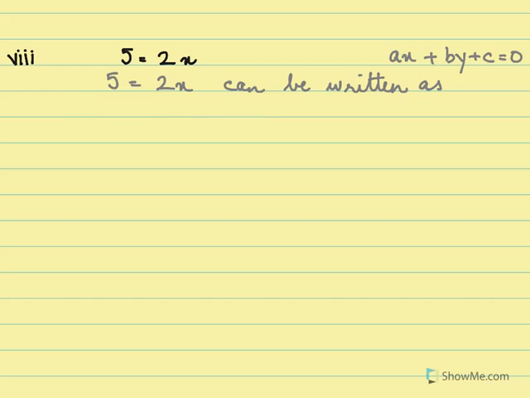Or I could just explain it another way. First I'll take everything on one side, say I have minus 2x plus 5 equal to 0. Now I need to put my y term, so minus 2x, there is no y term, 0y plus 5 equal to 0. So this became the standard form.